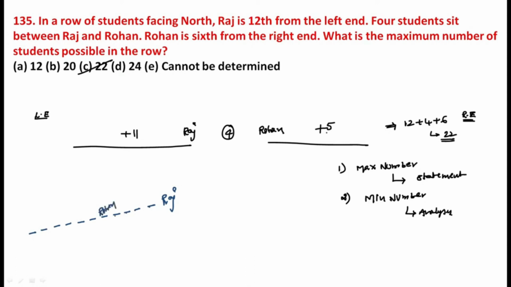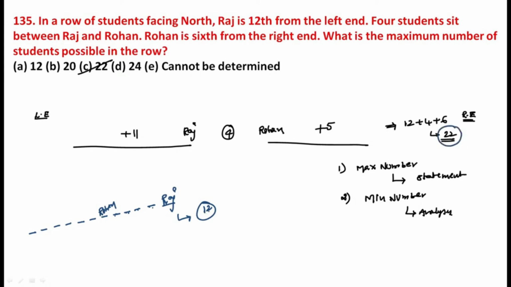Now, after Rohan, there are 5 persons, because he is exactly the sixth member: 1, 2, 3, 4, 5. So the entire statement satisfies these conditions. Now the total number of students in the row is exactly equal to 12. Observe that this statement can satisfy both cases. One value is the maximum and another value is the minimum. So the maximum number of students is 22 and the minimum number of students is 12.